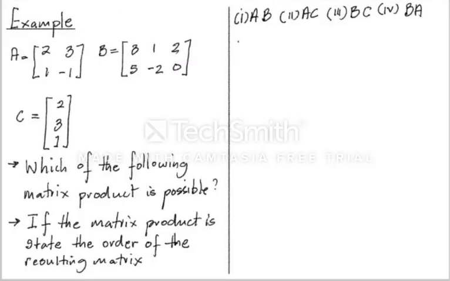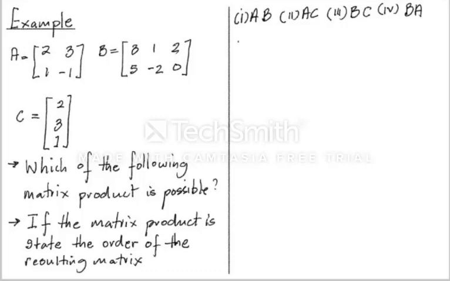All right, here's an example. This example says, we're given 3 matrices and we're asking which of the following matrix products is possible. Remember, it is only possible to multiply two matrices when the two matrices are compatible for multiplication.